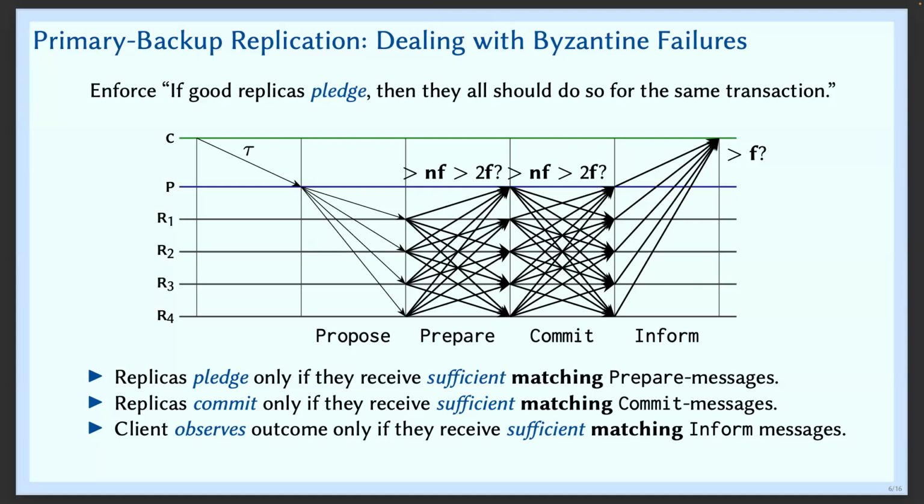We said the client doesn't need 2F plus 1. It doesn't need to be greater than 2F, as long as it is greater than F. So just a recap.